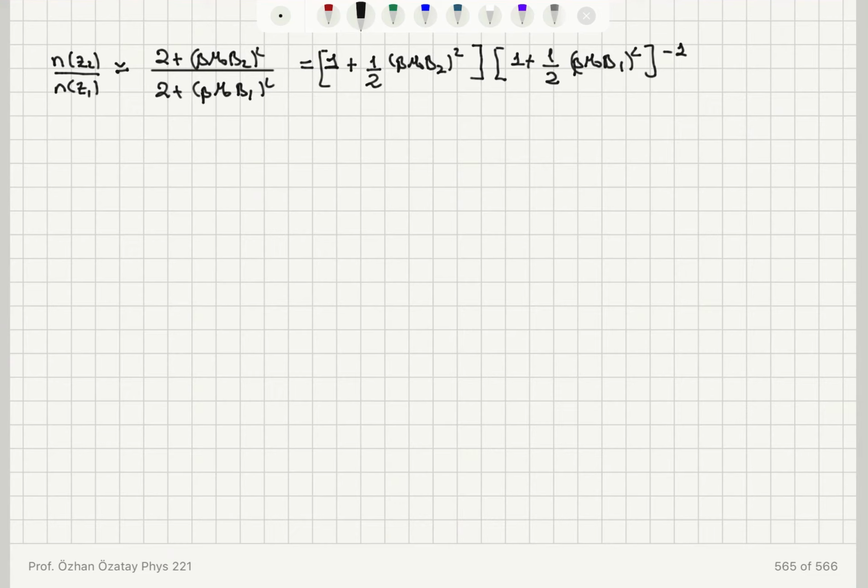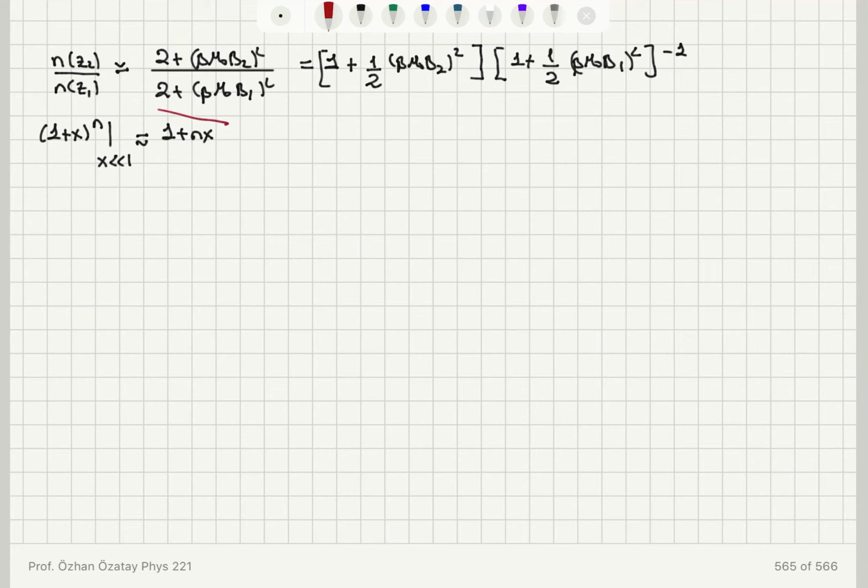And here, in the second term, if you have 1 plus x to the n for x much less than 1, this is approximately given as 1 plus nx from the Taylor series expansion. So I can use that here. This applies to the second term, so this is a further simplification I can have.